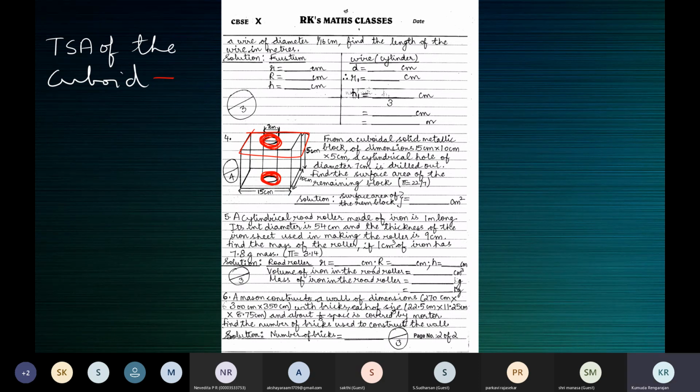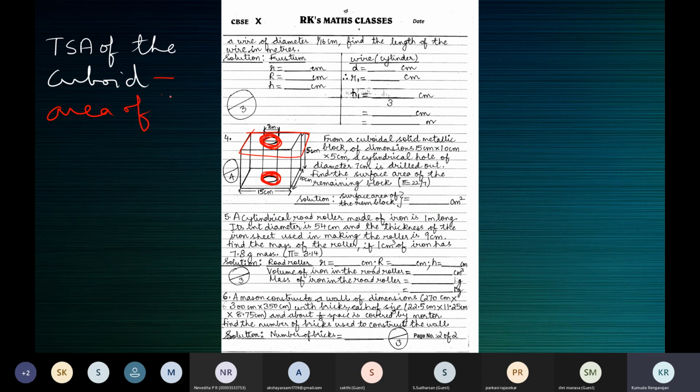On the top face, the area of one circle is missing. On the bottom face, the area of one circle is missing. So why are we subtracting from the TSA? Because the two circles lie on the top and the bottom face of the cuboid. So TSA of the cuboid minus area of two circles.